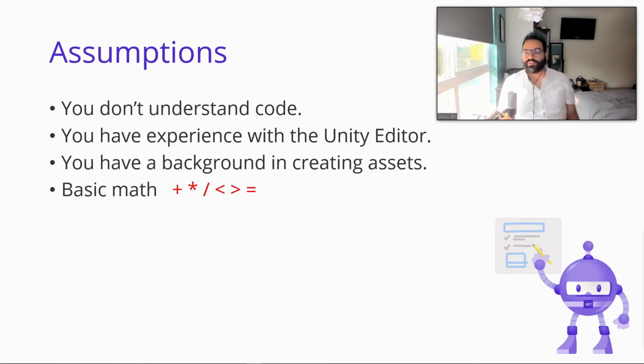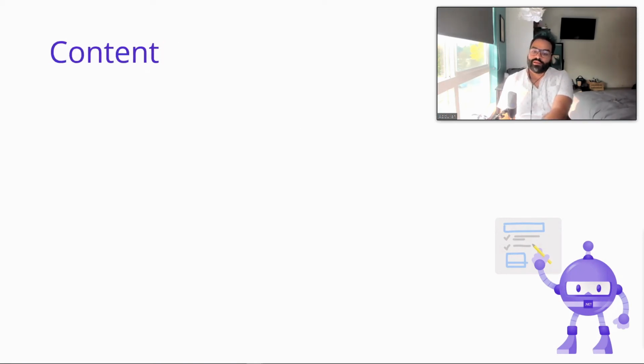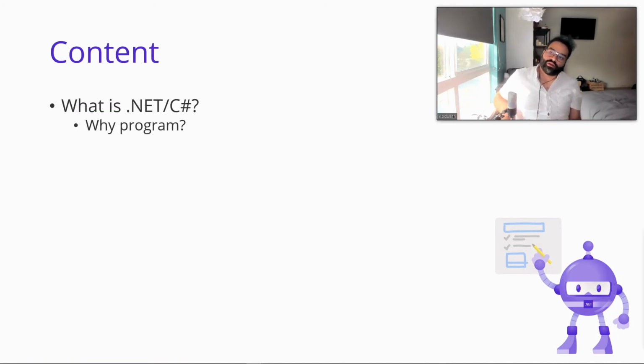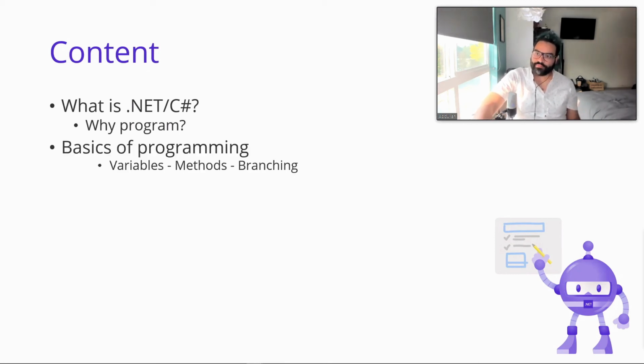I'm also going to assume that you know basic arithmetic, you know what an add symbol is, and multiplication and division and greater than and less than and equal and stuff like that. The scope of this presentation is going to be a little small talk about what is .NET and C# and why program if you're a Unity artist.